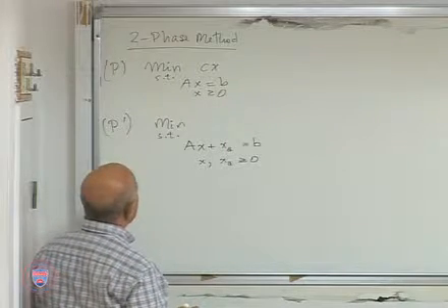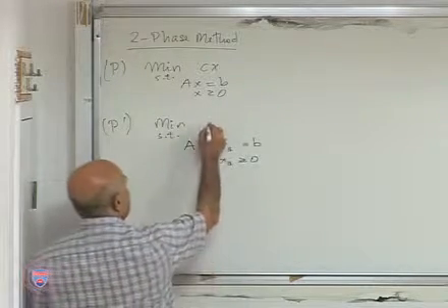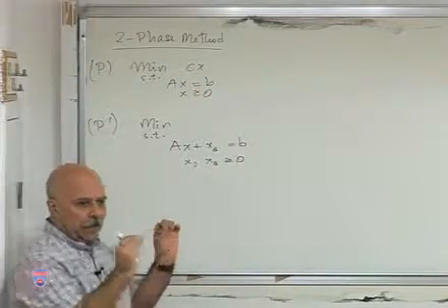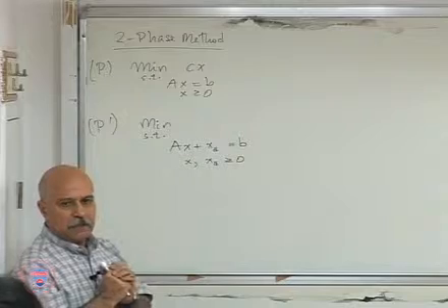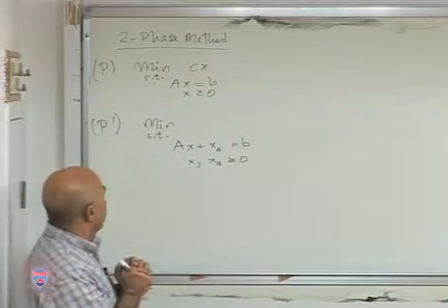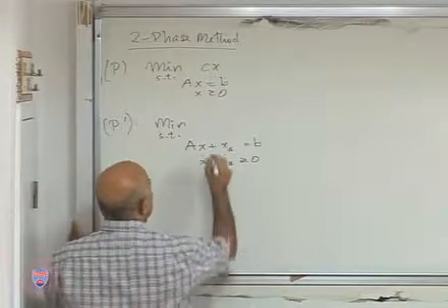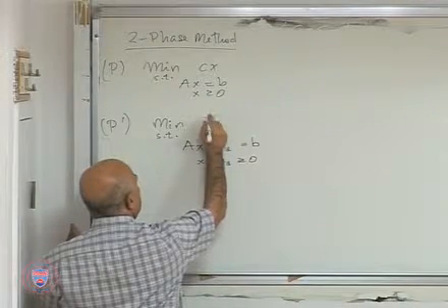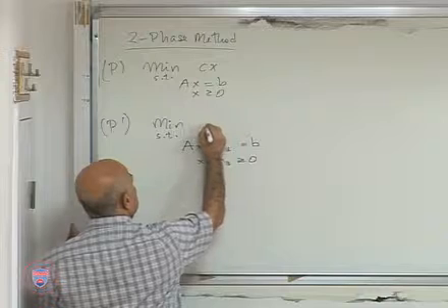So in this case, rather than perturbing the problem with Cx plus M times the artificial variables, as in the big M method, what we do is we simply minimize the sum of the artificial variables.